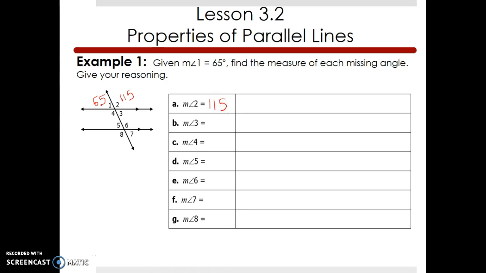And how did I know that? Well, it has to be a linear pair. It makes a line with angle 1. So knowing that, it's really easy to find angle 3 and angle 4. Angle 3 is a vertical angle with angle 1, so angle 3 will also be 65.